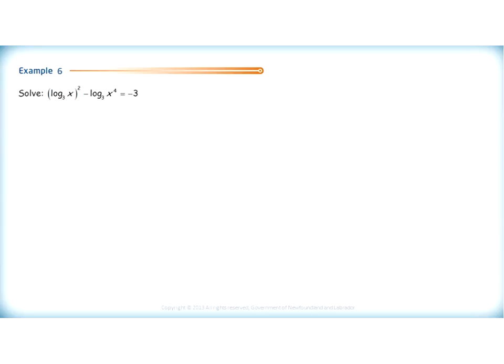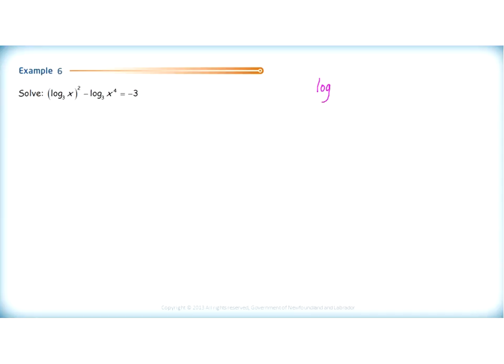In another example, we are asked to solve the log of x to base 3 all squared minus the log of x raised to the power of 4 to base 3 is equal to a negative 3. In this example, we begin by using one of our properties or the laws of logarithms. And the law of logarithms here is this.